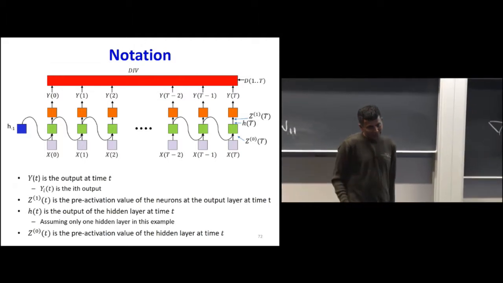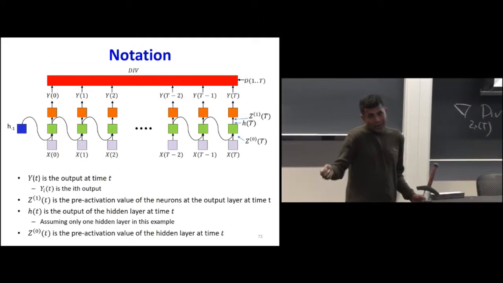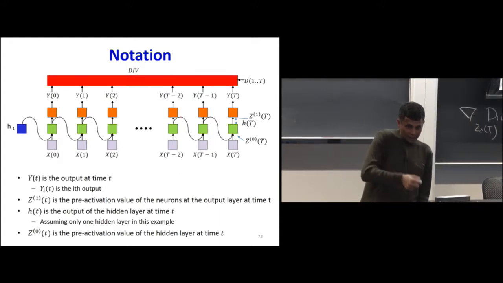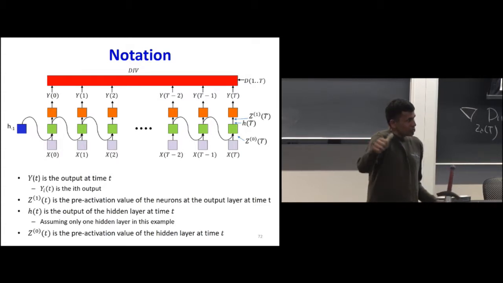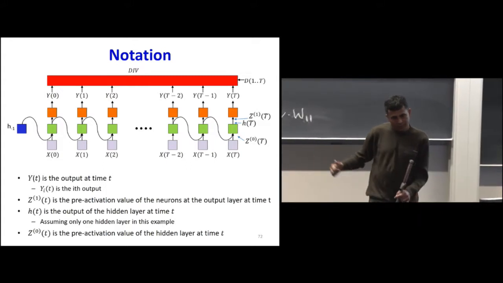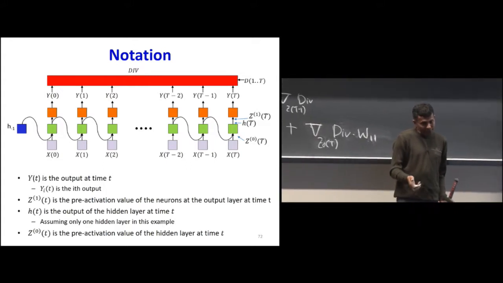Because I have two things going out, so there's a derivative coming down each link. The way to think about derivatives is, if I perturb this one little term, how many different ways is it going to affect the output? It's going to affect it through both connections. Make sense?